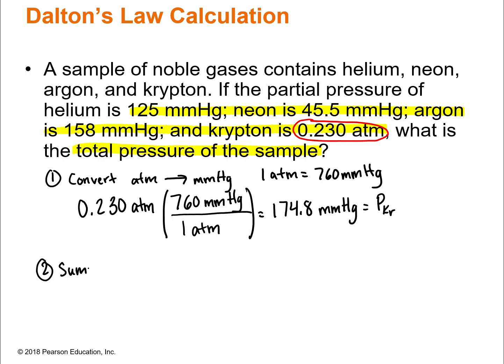The second part is what matters the most. You have to sum all of the partial pressures and make sure they're in the same units. So we did that by converting atmospheres to millimeters of mercury. Now we can just take all of them and add them together.